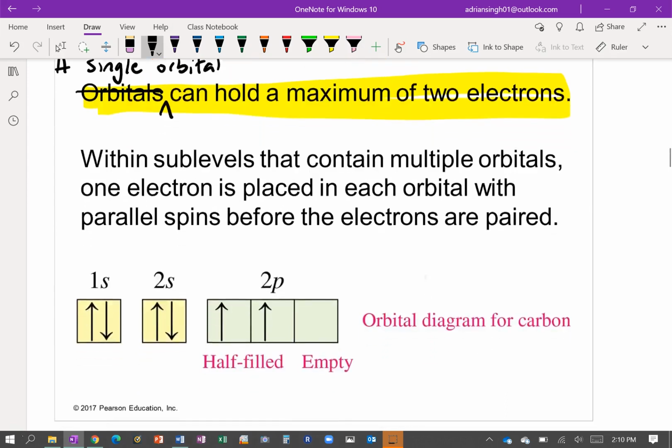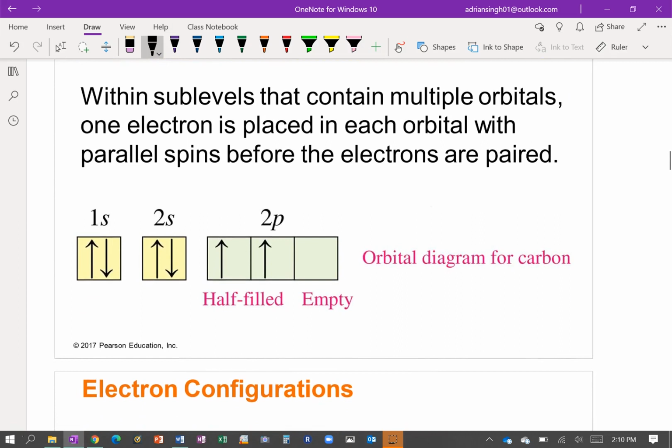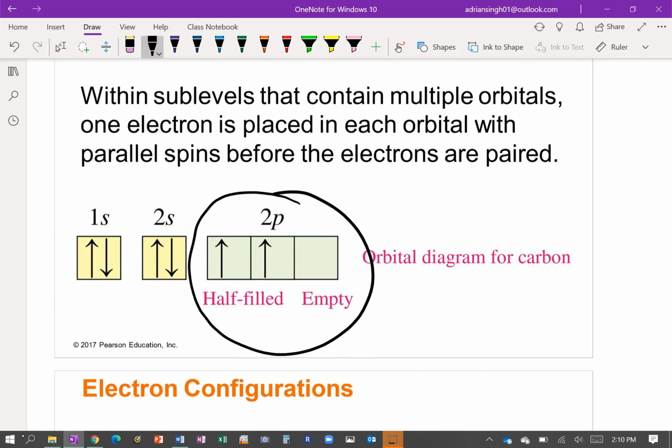Another thing that we want to be aware of, and we'll see this when we look at a couple examples, is when you have a sublevel like the 2p sublevel. Let me just redraw this over here. If I have 2 electrons to put into these 3 orbitals, you may be tempted to think, well, maybe I can put one here and then another one to pair up. Actually, you don't want to do that.